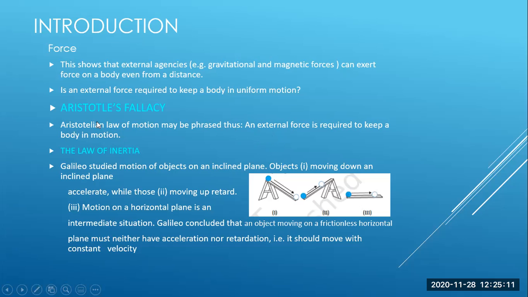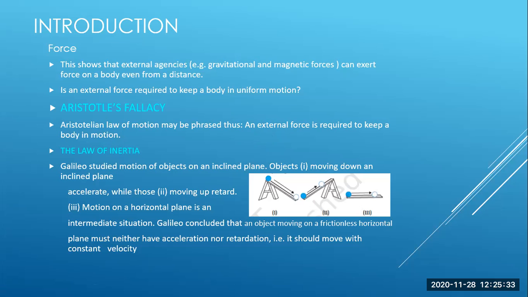Here you see, students, if a ball is rolling on a frictionless plane, let's say the plane is horizontal, the ball will continue to move. It stops after some time. Yes, we do see it stops. Why does it stop?